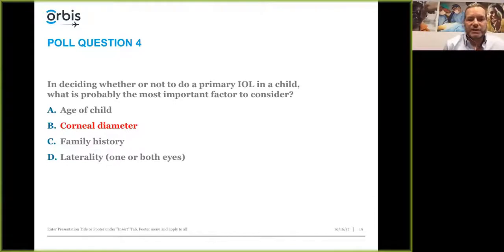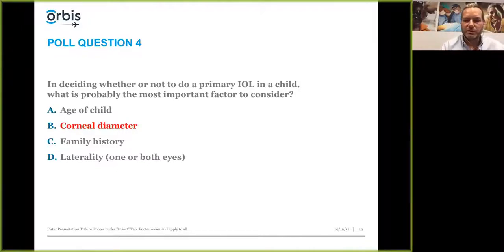And I'm certainly less likely to implant infant IOLs, and so we're talking about kids less than a year of age, if it's both eyes. But each of our situations will be different. Where you are, it may make sense to do bilateral infant IOLs because you may never have access to these kids again, or that family may not be able to afford contact lenses or glasses, and so you have to do the best you can.